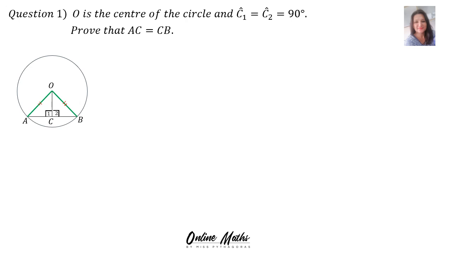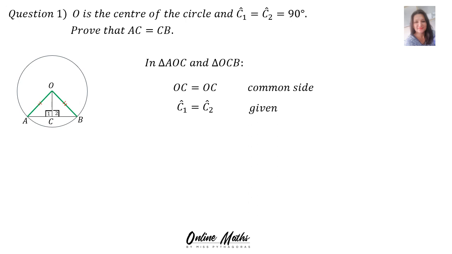So let's try and prove the 2 triangles congruent. We can start by saying in triangle AOC and triangle OCB, OC is equal to OC. That one is the common side. Angle C1 is equal to angle C2. That was given. They are both 90 degrees. And then this is the hidden part, that OA is equal to OB since they are radii.